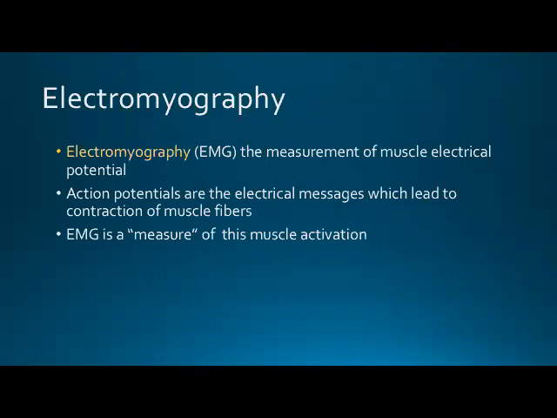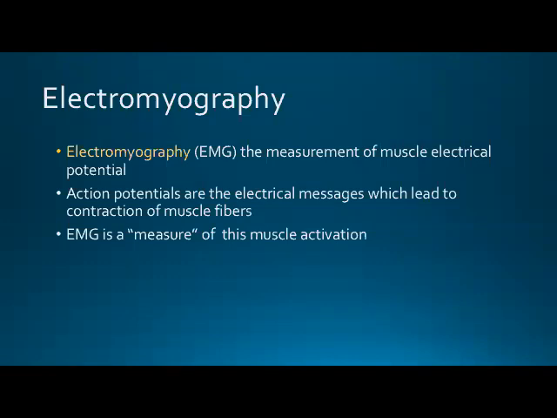EMG came around a little bit earlier than MMG, and it's more commonly utilized, although the exact inferences you can get from EMG and what's commonly accepted has definitely changed in the last 10 years. So interpretation is a little bit different than it originally was.